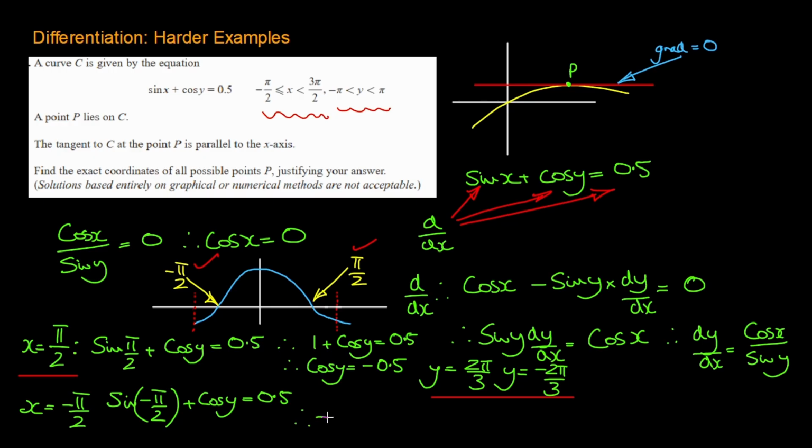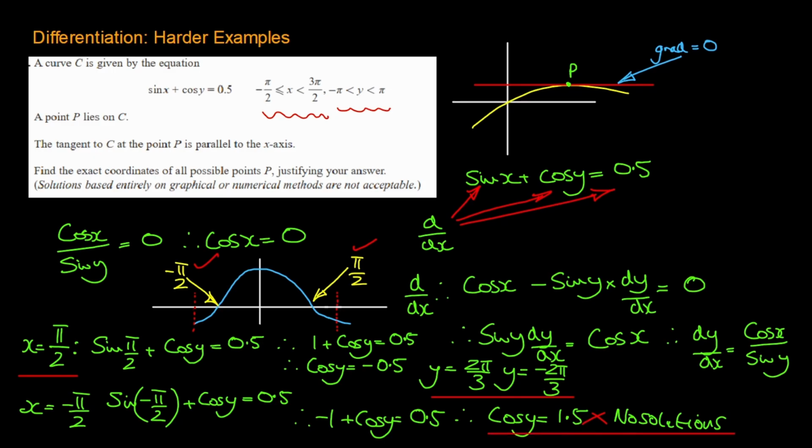So negative 1 plus cos y is equal to 0.5, and therefore cos y is equal to 1.5. And that must be wrong. There are no solutions because cos y is restricted to plus or minus 1. So we get no solutions from the x value of negative pi by 2.